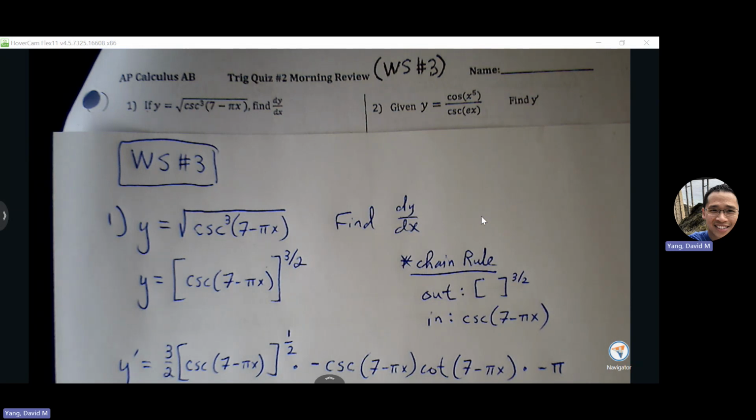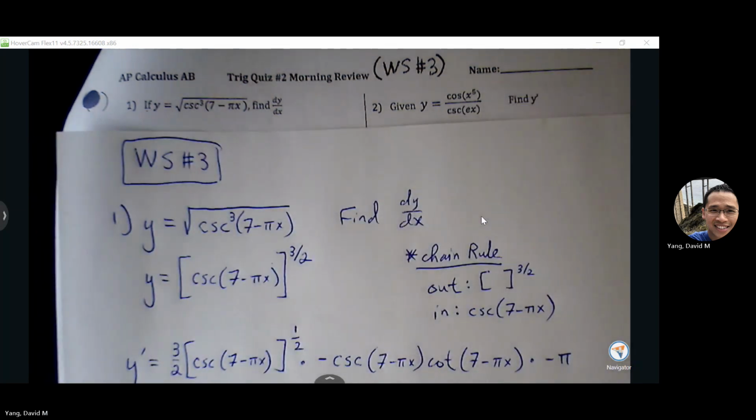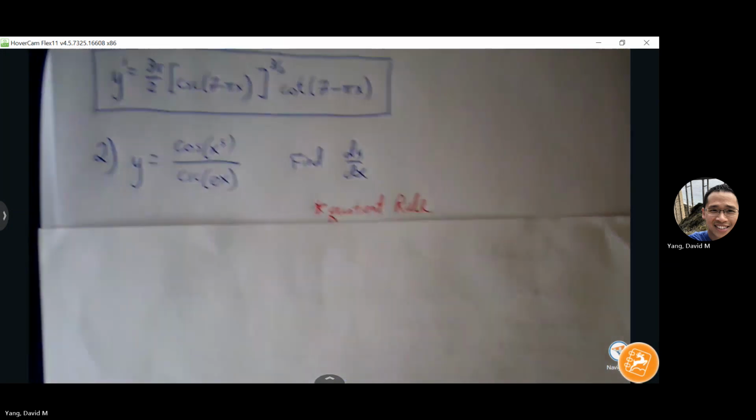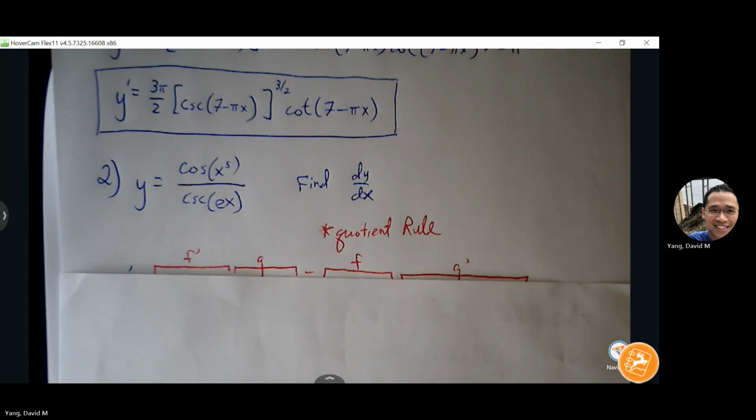Okay, let's try that. Okay, f prime g minus f g prime all over g squared.